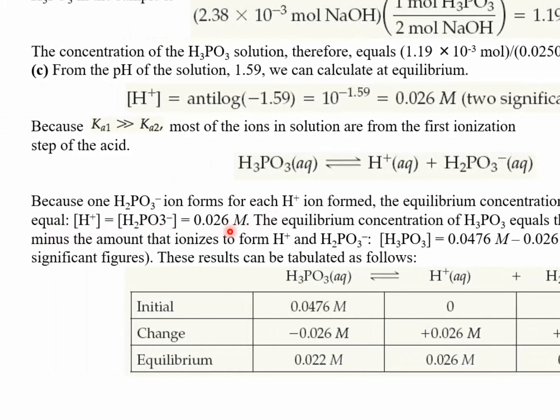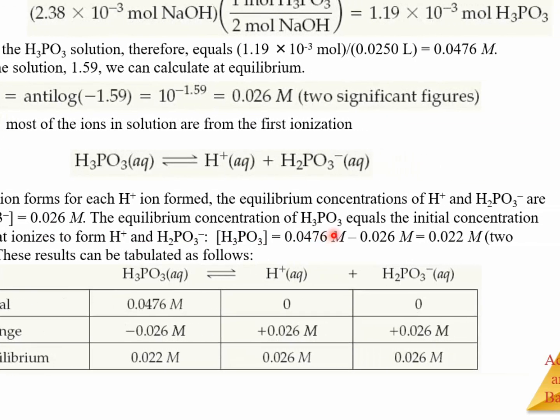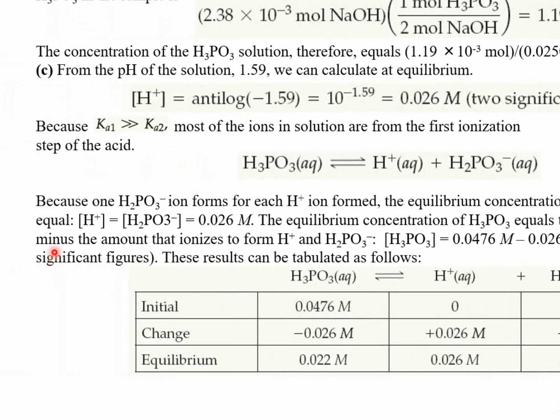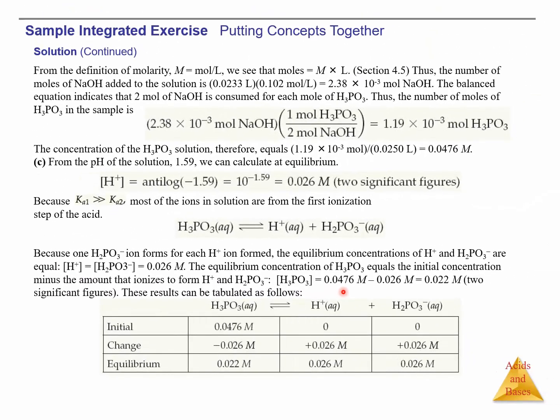So these are equal to this number. Now, the equilibrium concentration of H3PO3 equals the initial concentration minus the amount that ionizes to form H+ and H2PO3-. So this is 0.0476 minus 0.026, equal to 0.022 molar. These results can be tabulated as follows. Here is initial, 0, 0. The change is this, minus, plus. And then at equilibrium, we have this, this, and this.